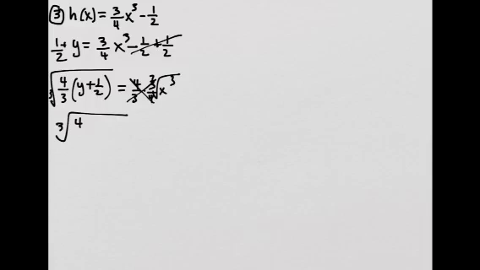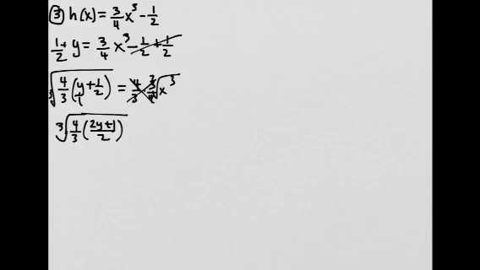So let me simplify first what's in the parentheses. So I get 4/3 times, when this is y over 1, the common denominator is 2/2. So I get 2y plus 1 all over 2.